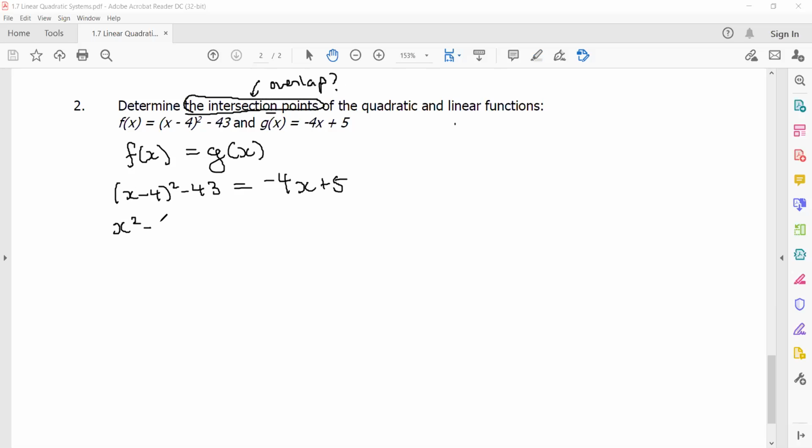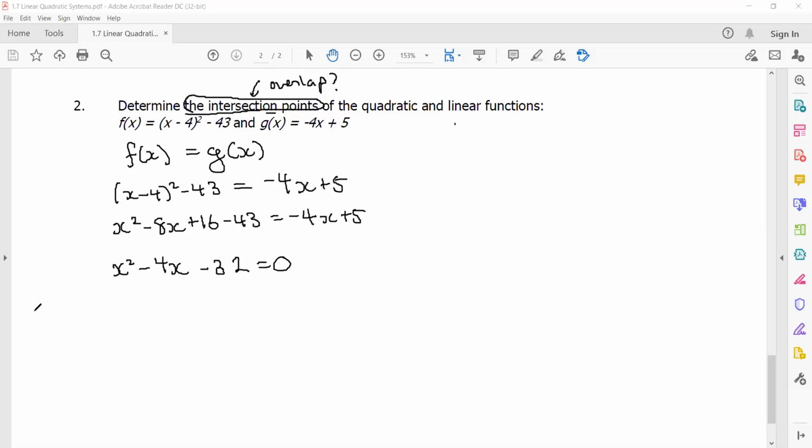In the name of simplifying, I'm going to expand this and group them, giving me x squared plus 4x plus 4x, 16 minus 43, 33, 20, negative 27 minus 5, negative 32.